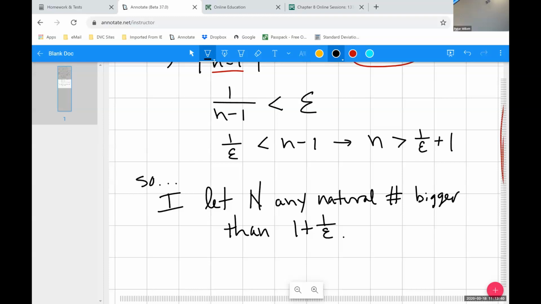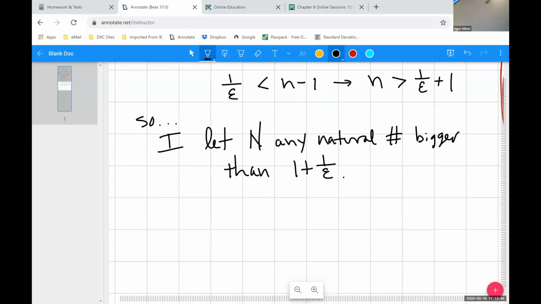So if I choose n, and again, you give me an epsilon, like let's say epsilon was 1/10. Well, then 1 over 1/10 is 10, and 10 plus 1 is 11. Then I would choose capital N to be 11 or 12 or anything bigger than 11, basically. 12, 20, 100, and it would work.